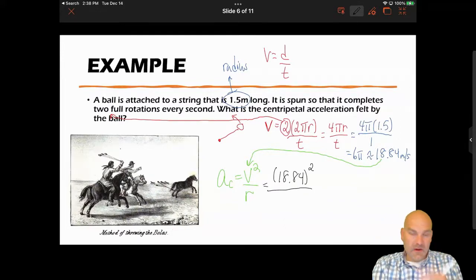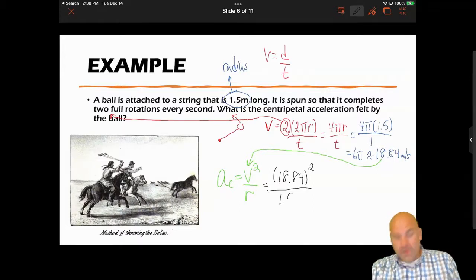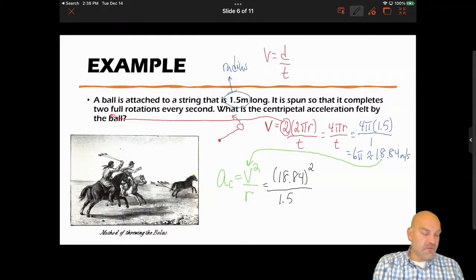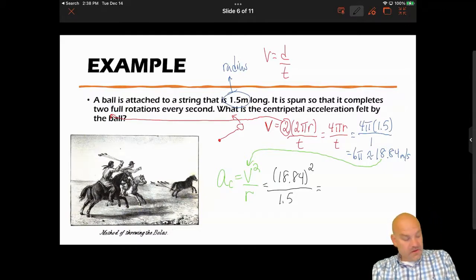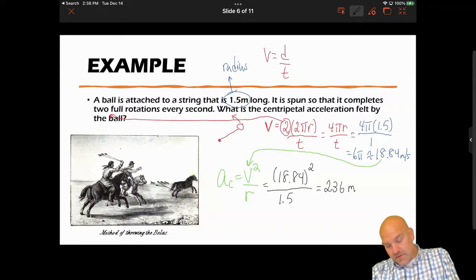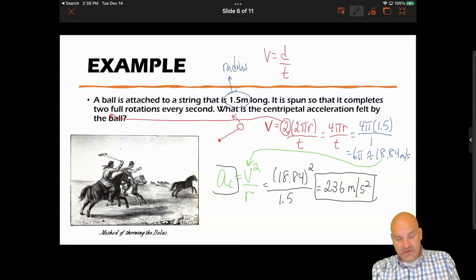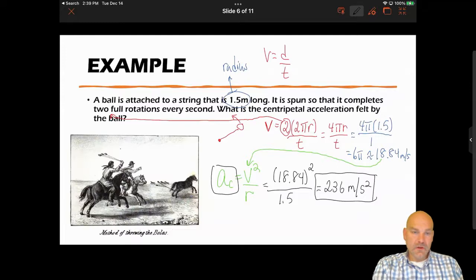Now, don't forget to square it, because sometimes students will forget to square that number. And then divide it by 1.5, and that'll give me the centripetal acceleration of this ball. Okay, and so you get an acceleration of 236 meters per second squared.